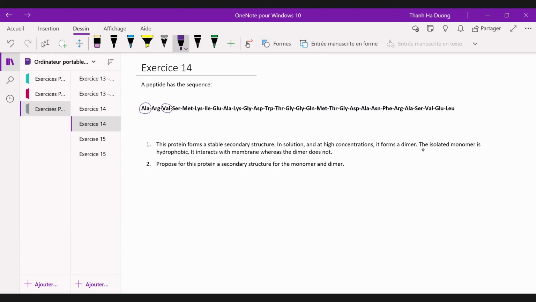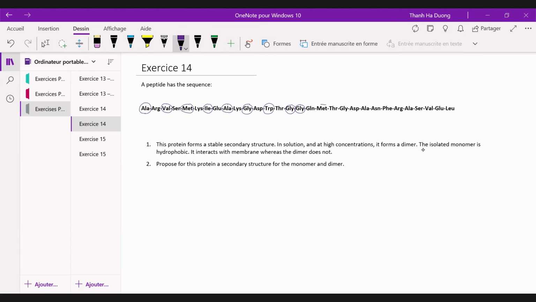Methionine, hydrophobic. Leucine also, alanine also. Tryptophan is hydrophobic.